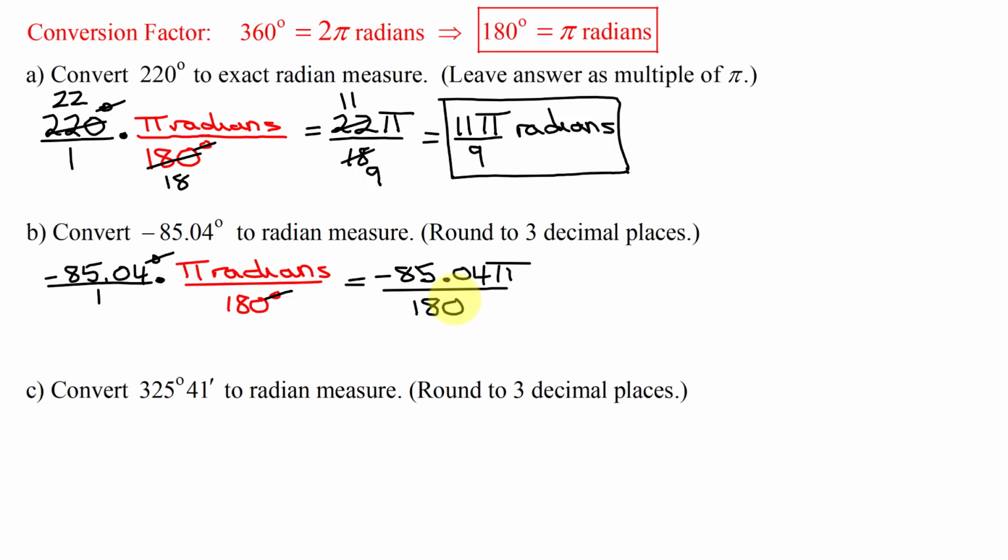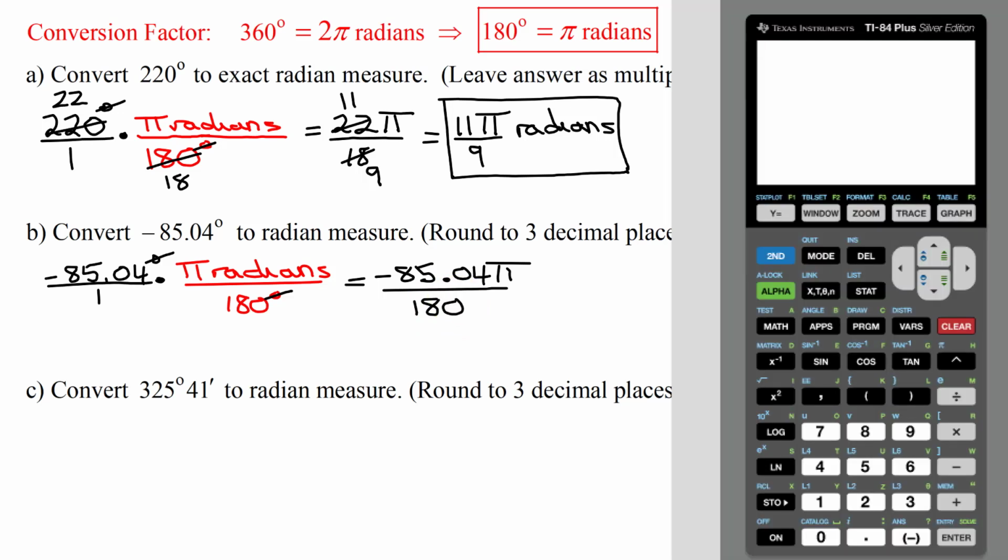I'm going to put the video on pause for a second. Here is my calculator. It's a TI-84 Plus Silver Edition. So I need to put this expression in the calculator. And sorry for my bad handwriting, that did say pi. So I'm going to put negative 85.04.